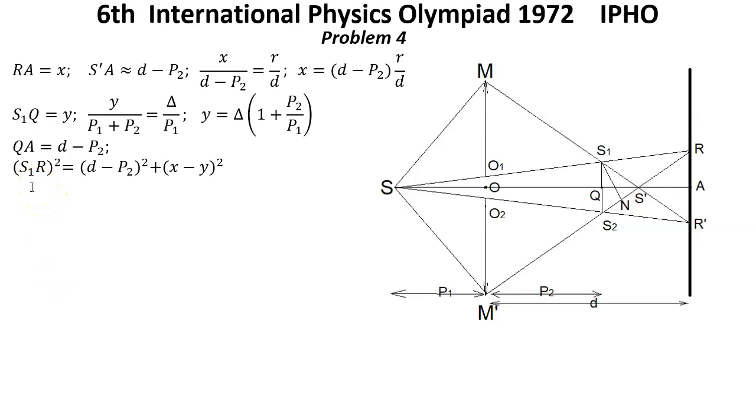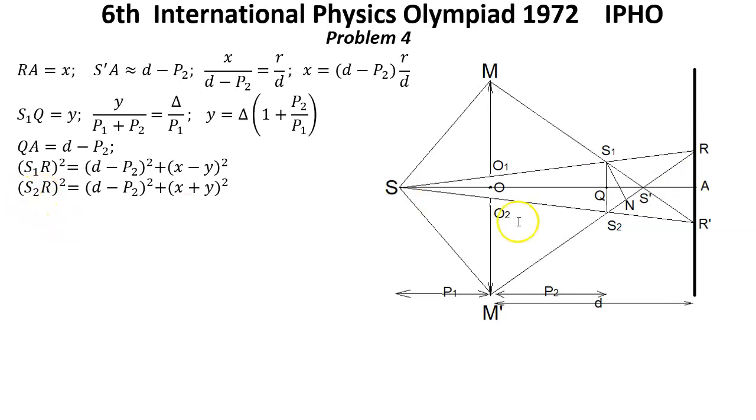From the right triangle we can see that S1R square equals D minus P2 square plus x minus y square. And on the other hand we have S2R square, that's equal to the same D minus P2 square, the height, plus x plus y square.